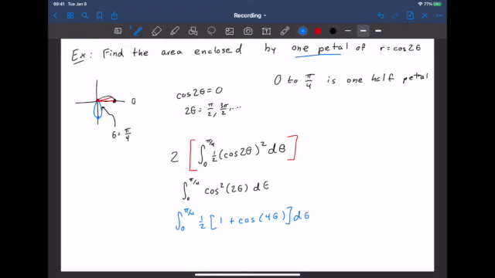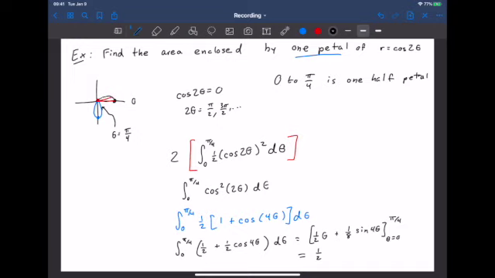Again, this is really messy. Just be careful and you'll do fine. I'm going to distribute the 1/2. That's just my style. 1/2 plus 1/2 cosine 4 theta d theta. Integrating, getting 1/2 theta plus 1/8 sine 4 theta from theta equals 0 to pi over 4.